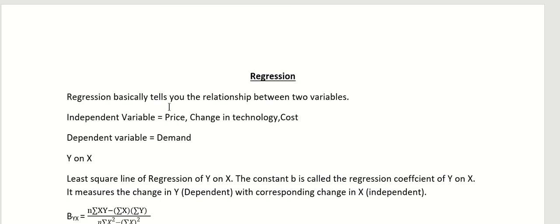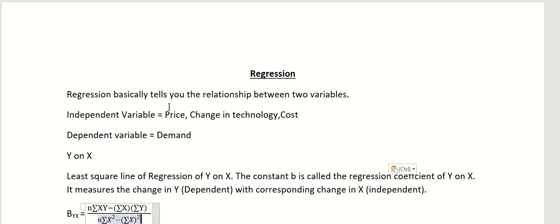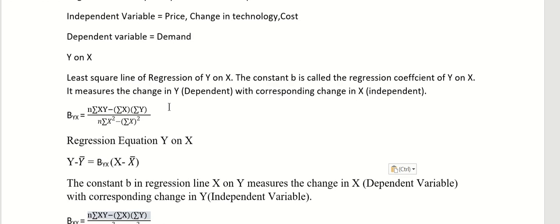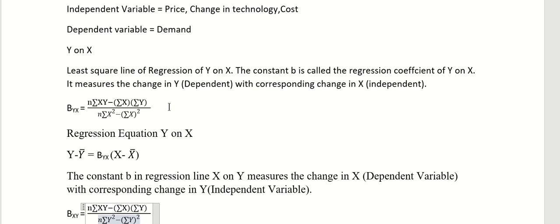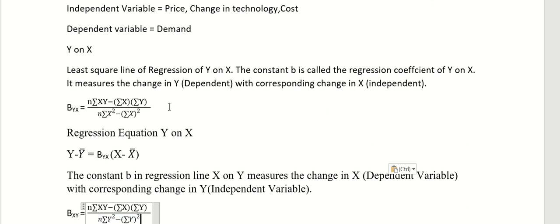One is dependent and the other is independent. When we want to calculate y on x, y is dependent on x, so x is independent. And when we want to calculate x on y, x is dependent on y, so y becomes the independent variable.